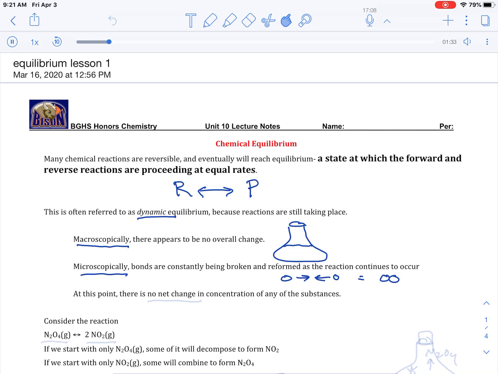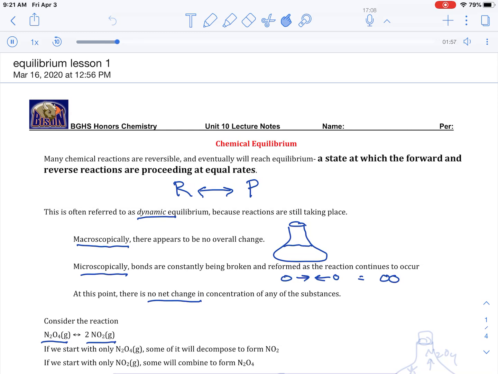Either way, the state of chemical equilibrium is when the concentration does not change. There's no change in concentration anymore. So, for example, if we look at this reaction here with the N2O4, this is a decomposition reaction. This is going to break down and form nitrogen dioxide.